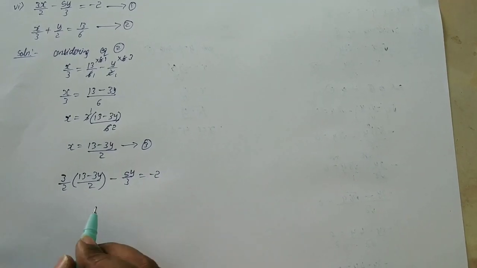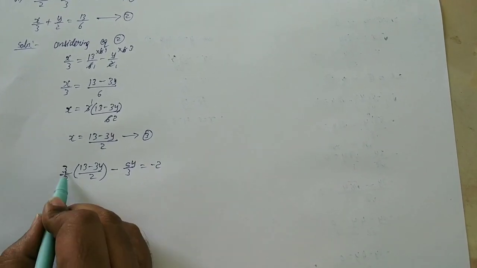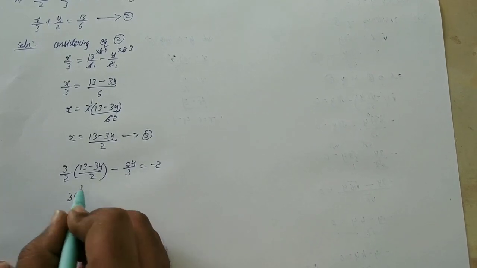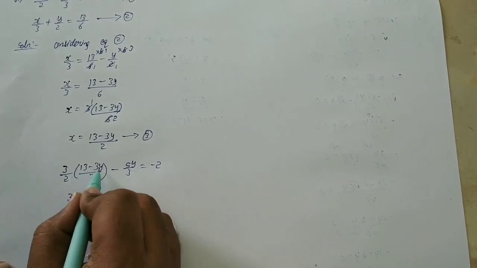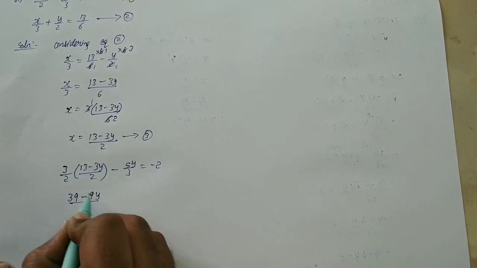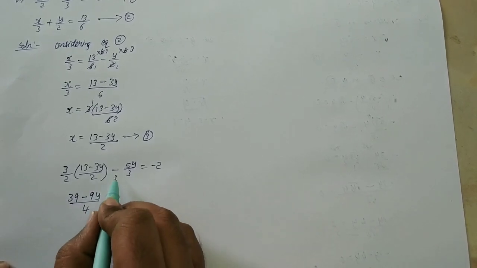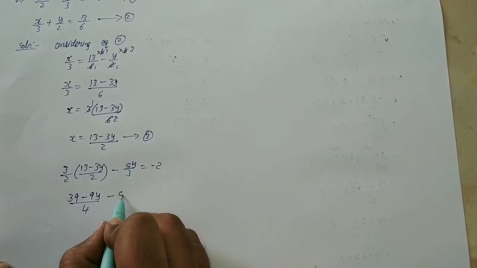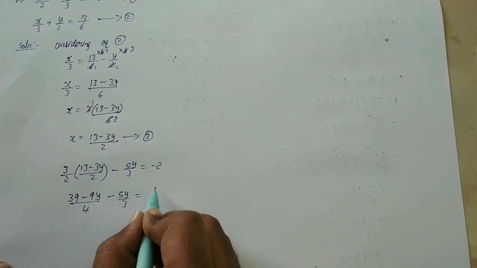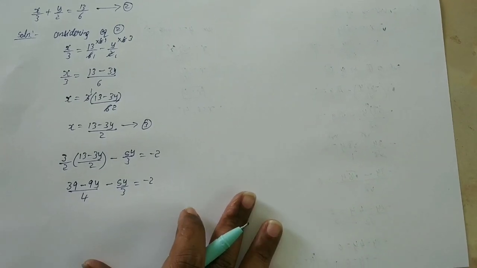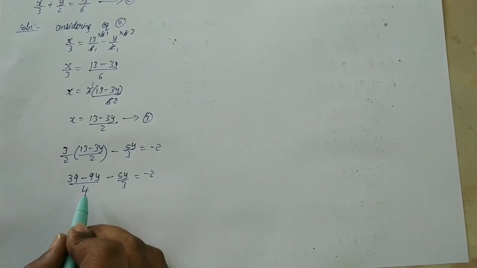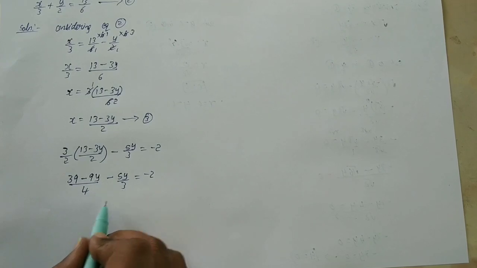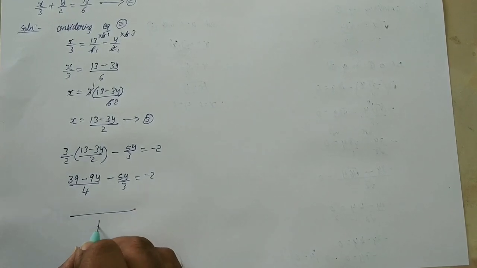Now see here, 3 into 13, 39, right? So plus into minus, minus 3 into 3y, 9y, divided by 2 into 2, 4, minus 5y by 3 as it is, and here minus 2 also as it is. So now we have to take LCM in the LHS, right? So LCM for 4 and 3 is 12, right?